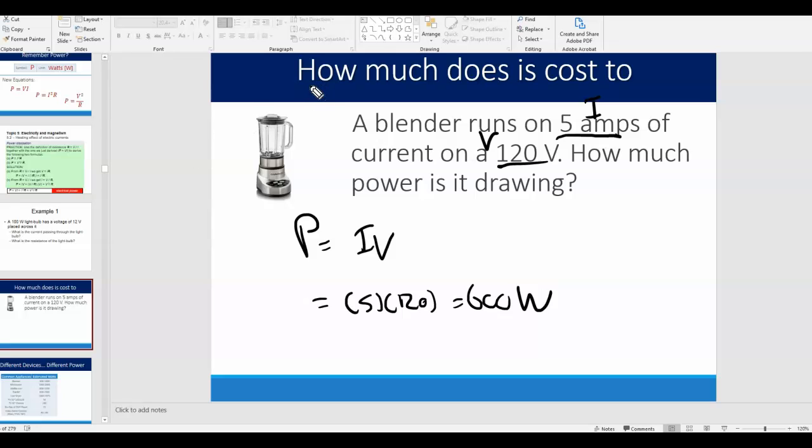Now, if you look up here, it says how much does it cost to use the blender. So 600 watts is 0.6 kilowatts.